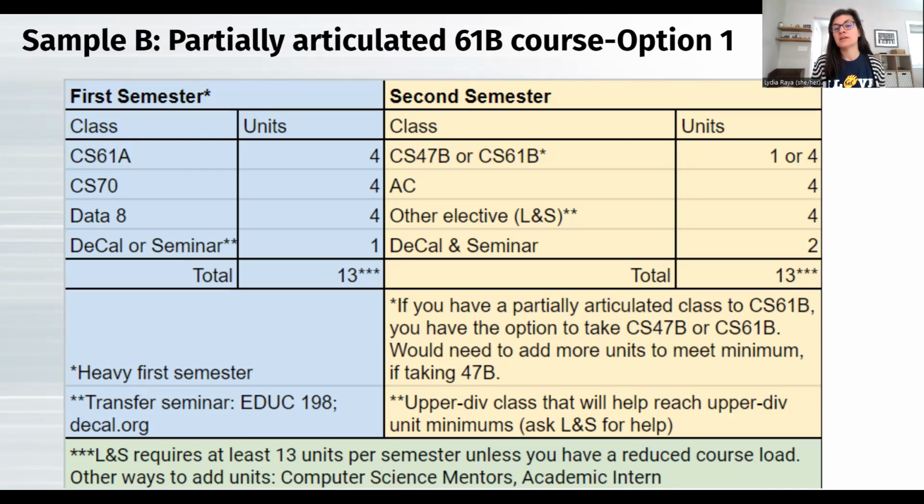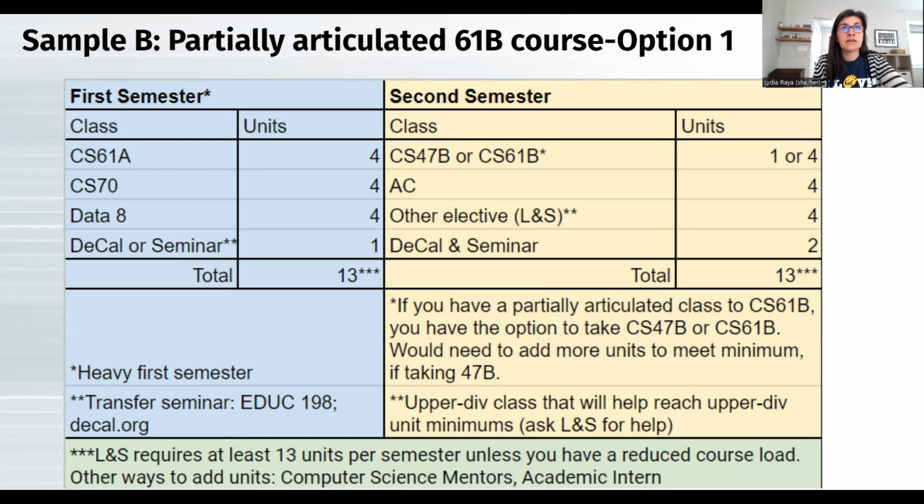So if you're already a CS major, really it's just up to you. 61B is a really great class. It's also really hard, but it's great for preparing for internships. So even if you have a partially articulated class, you might take 61B anyway just to get the full experience, but you don't have to.